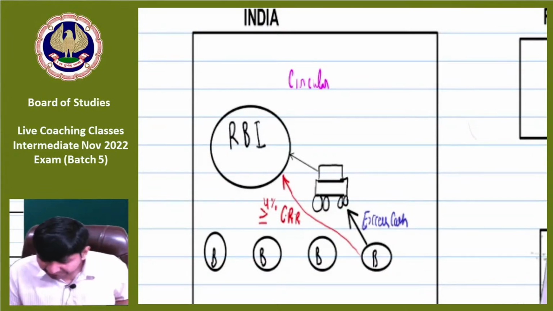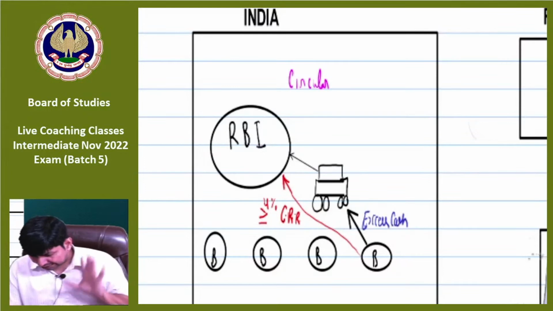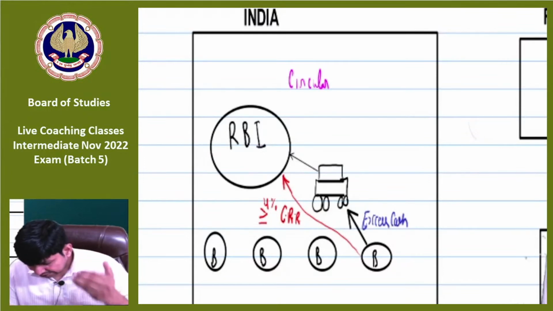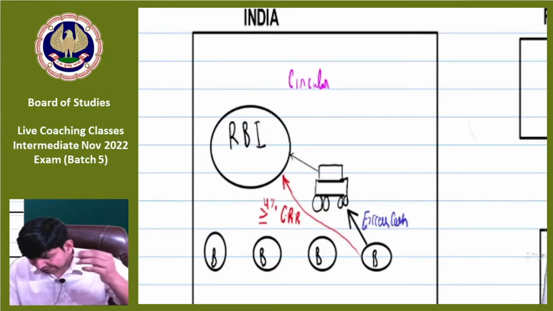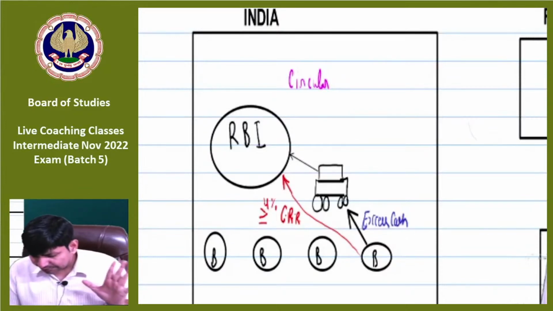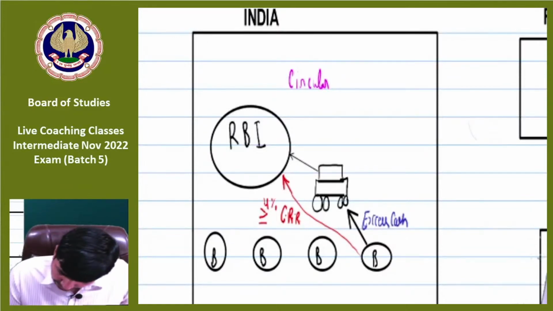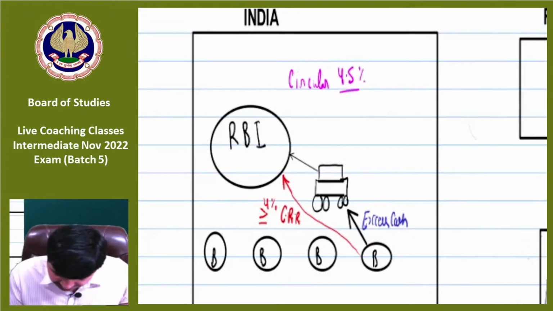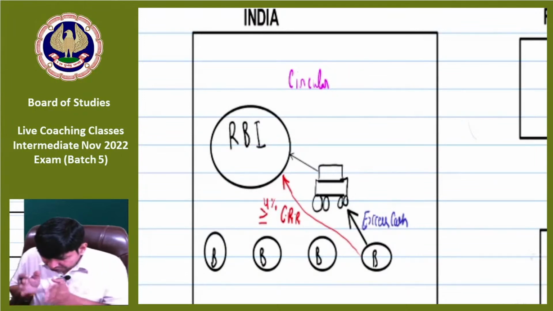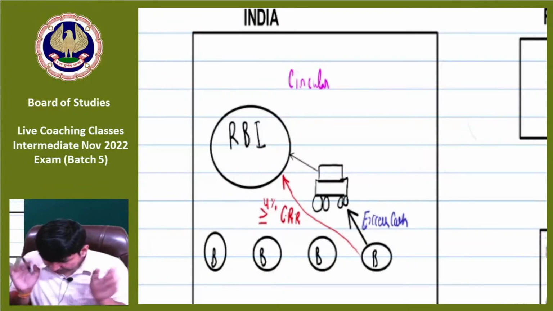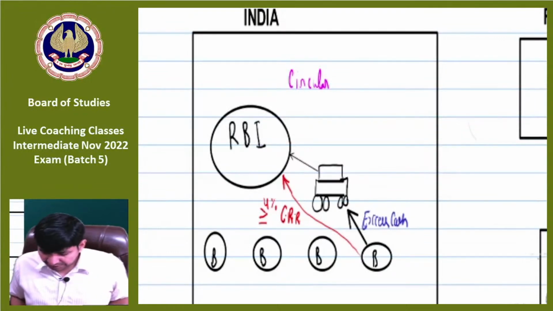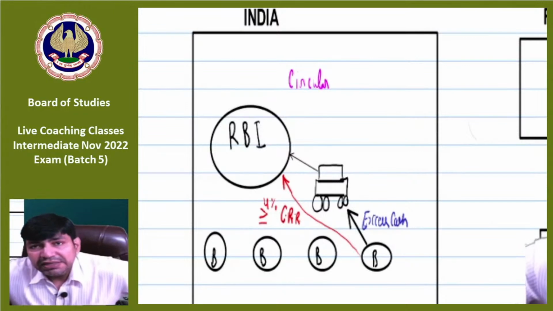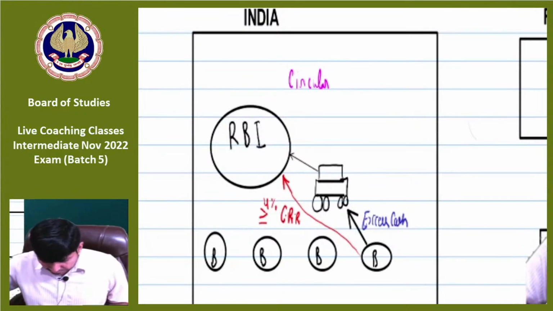Beta, usually circular updates come in RTP, but we have to give the solution as per RTP. Although the updated percentage is 4.5%, definitely it will be updated in the next exam attempt. But for this attempt, it is only 4%. Beta, this is CRR, cash reserve ratio.